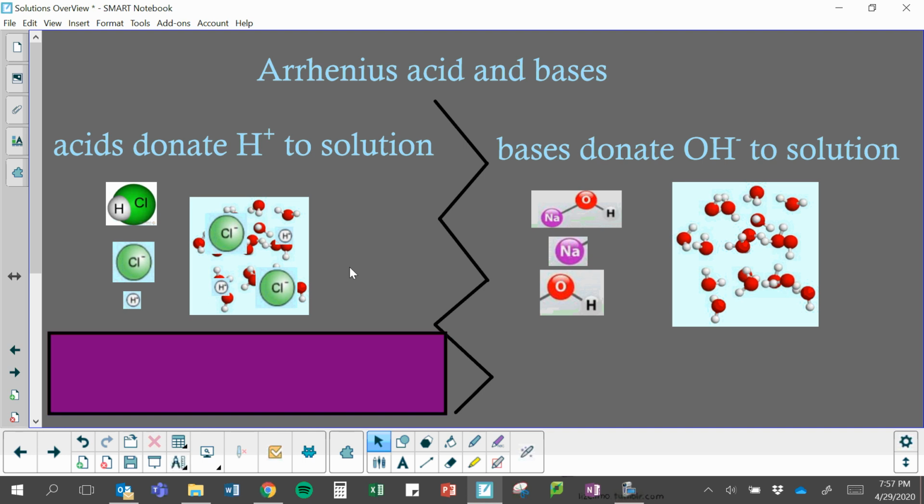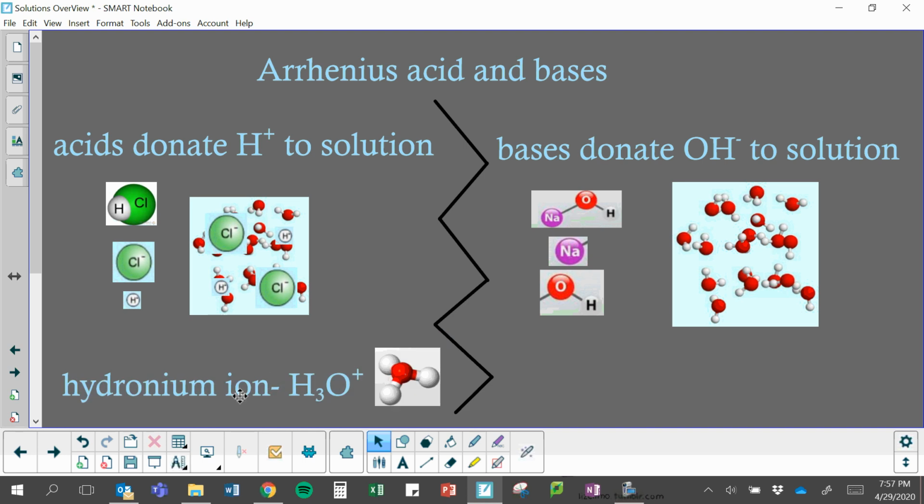And what actually happens is those hydrogens don't just stay hydrogens all by themselves, they actually bond to water molecules and form something called a hydronium ion. So sometimes when we're talking about acids, you'll see it written as a hydrogen ion, and sometimes you'll see it written as a hydronium ion.